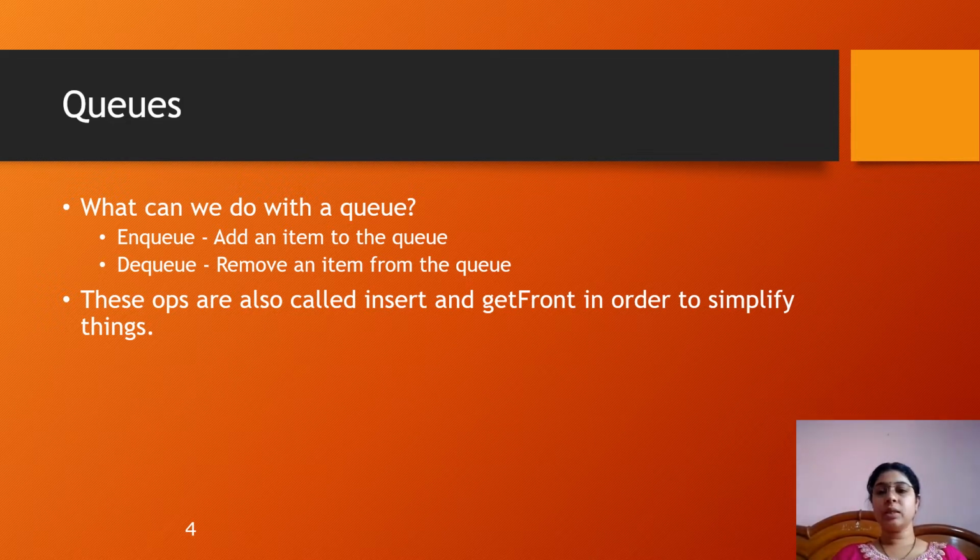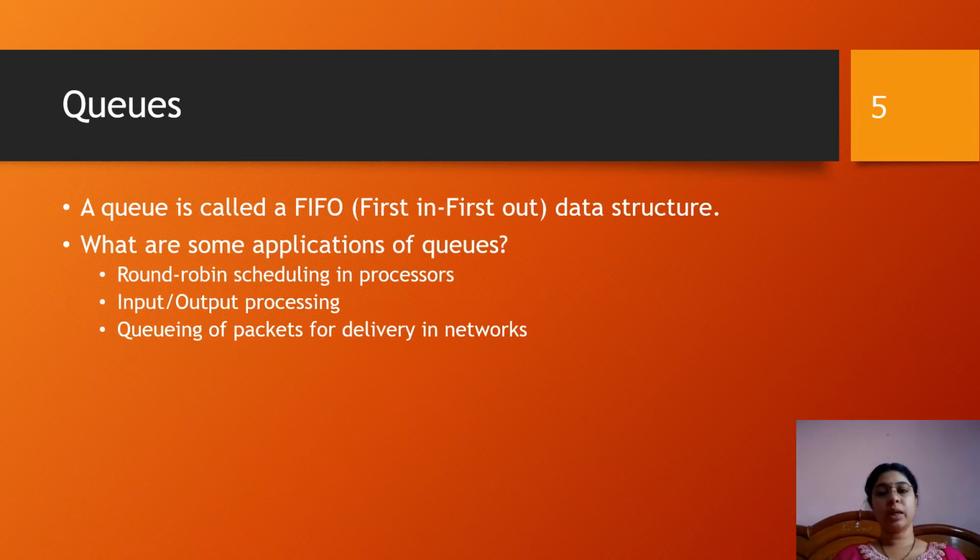So students, this is ordered, so we say that it is a linear data structure. A queue follows a certain manner, and that manner is called first in first out, that is FIFO. Why is it first in first out?